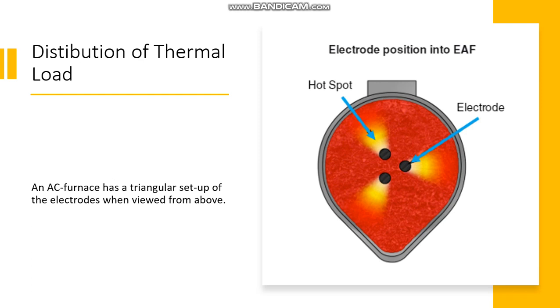For the distribution of thermal load, an AC furnace has a triangular setup of the electrodes when viewed from above. In addition, the electromagnetic forces from the arc cause them to deflect outwards from the center. This results in an imbalanced thermal load, and the furnace wall will be heavily exposed to the arc radiation.